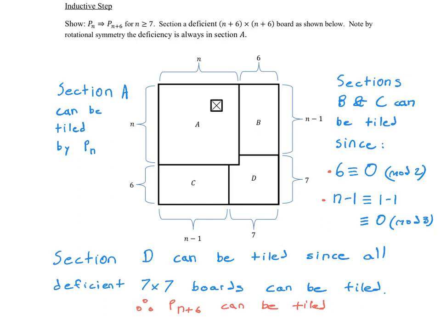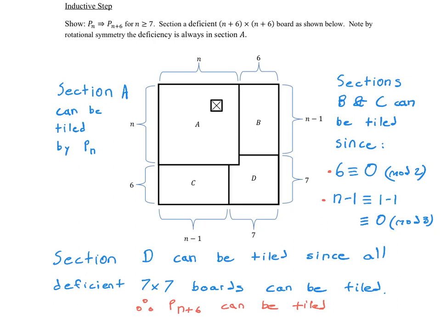Okay, so as an extension to this video, you might want to think about how to take a board that's n by n again, but instead this time maybe the n is congruent to 2 in mod 3. It turns out that all of those such deficient boards can be tiled except for the 5 by 5 board.